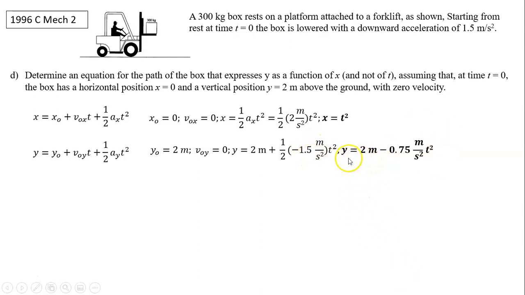Simplify this, we have y equals 2 meters minus 0.75 meter per second squared times t squared. But now you have to write y as a function of x, so we have to get rid of t. T squared equals x, and that's how we can write y equals 2 meters minus 0.75 meter per second squared times x.